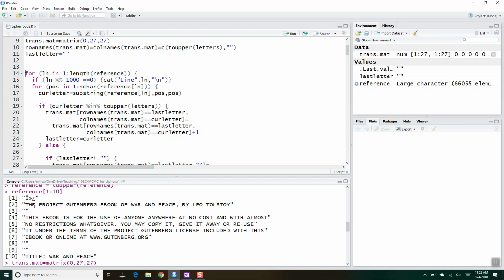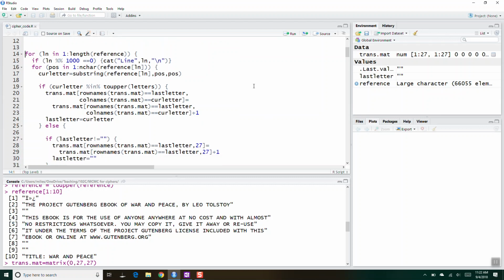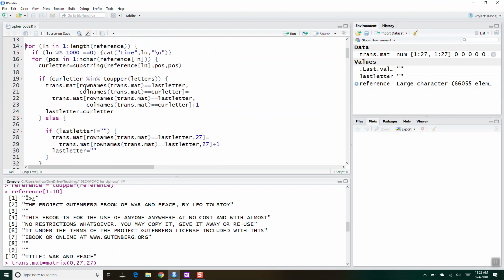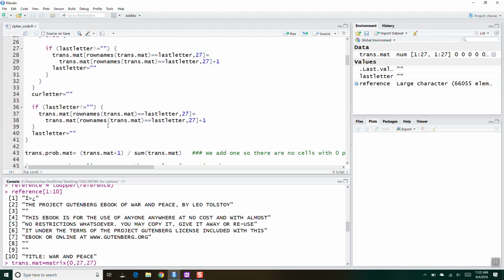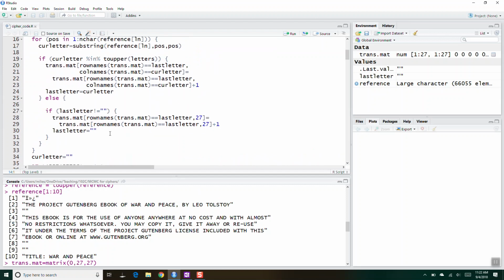And it just does that, and there are 66,000 lines of War and Peace, okay? So it's going to just do that. It's going to say, if the current letter is this, do all of this. And it has a few things like, once you reach the end of the line, Leo Tolstoy, you hit the Y and you reach the end of the line, put a tally for Y followed by space, okay? And so on and so forth, and just keep doing this. All right, so it's going to do that.